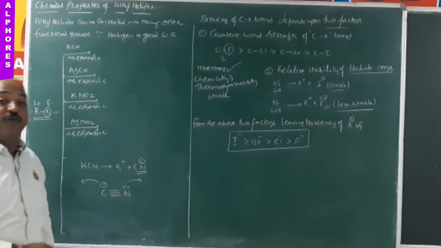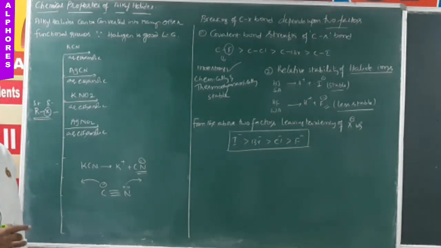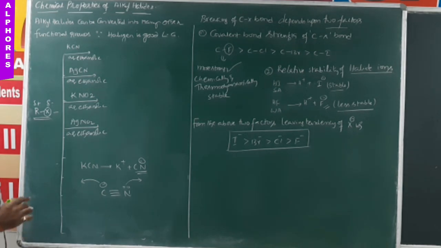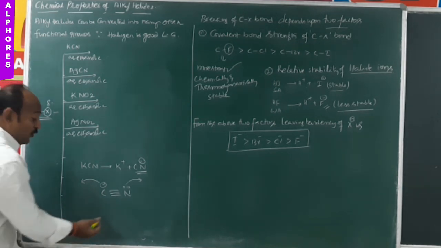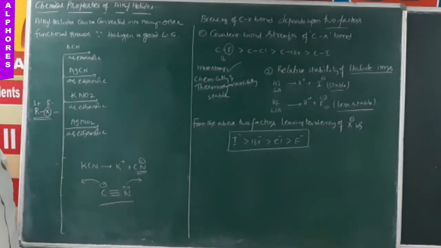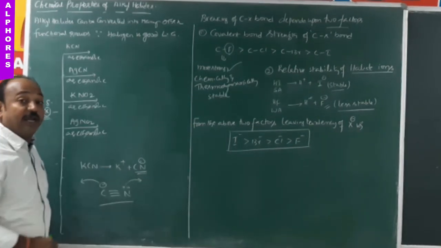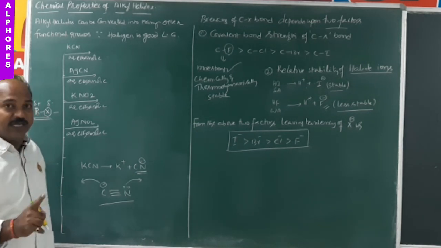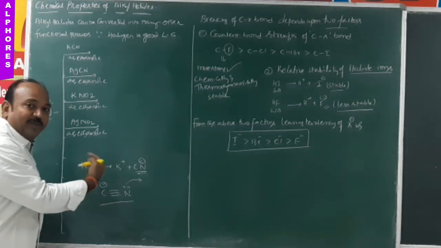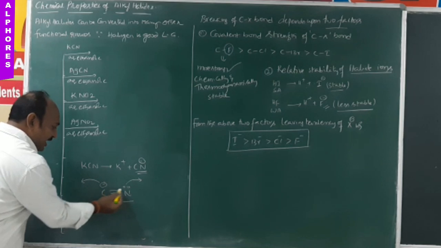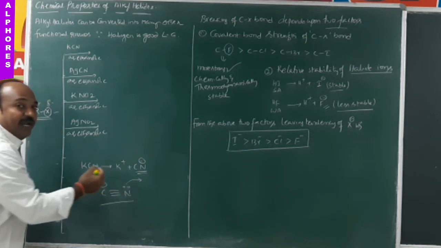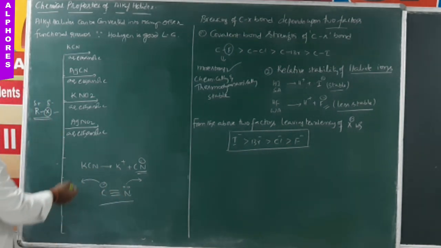Such nucleophiles we call ambidentate nucleophiles. Ambidentate nucleophile means the nucleophile has two donor centers, but it will donate from only one center, either from carbon or from nitrogen. So CN minus is an ambidentate nucleophile.